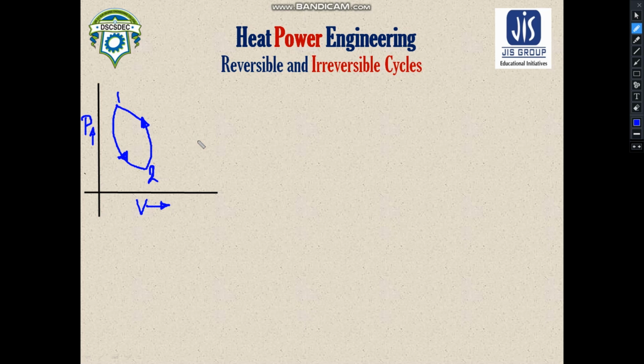So both the system and the surroundings need to be present at their initial condition. Now in general cases, the system can return back to its original position, but the surroundings will always be permanently disturbed. There will be permanent disturbance caused when a certain process is carried out.